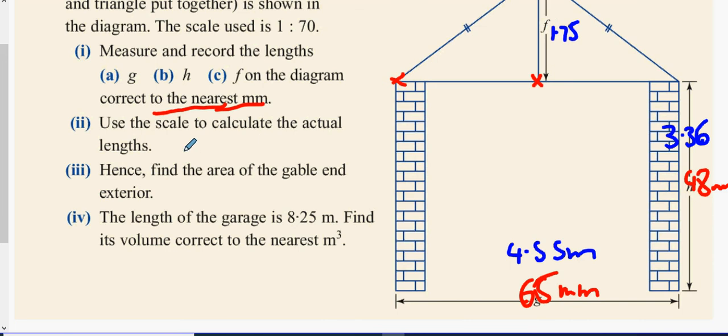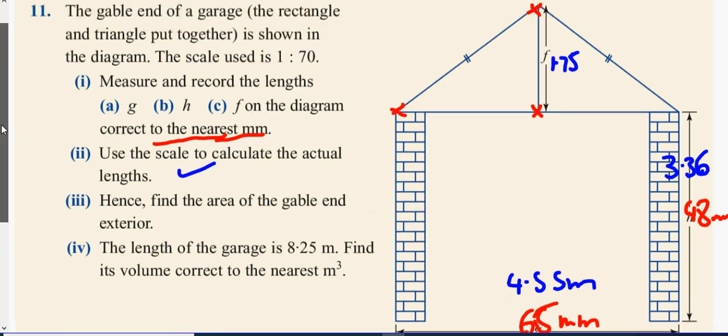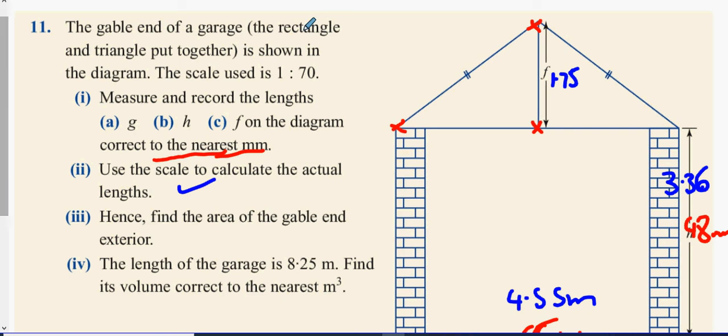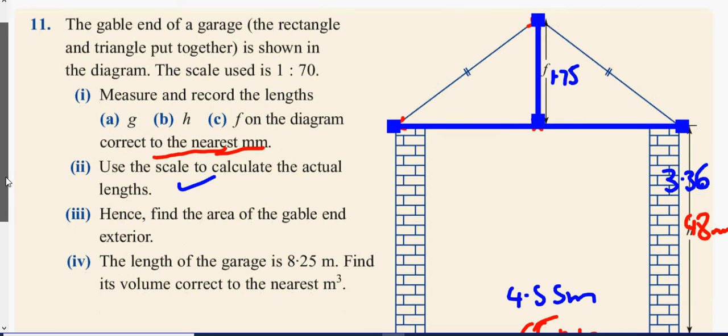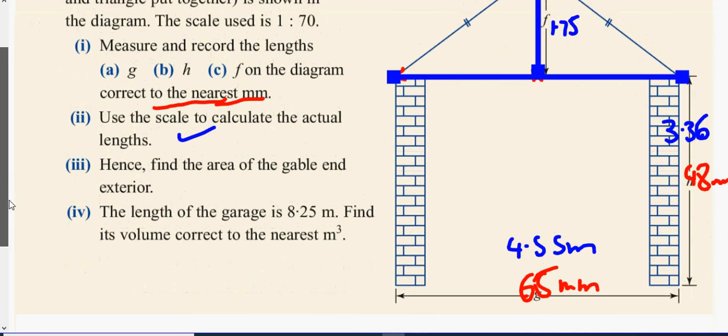Use the scale to calculate the actual length. Done. Find the area of the gable end. No bother. I'm going to find the area of the triangle and add it to the rectangle. For the triangle, all I need is the base length and the height. So it's going to be a half times 4.55, which is the base length, and what's the height? 1.75.